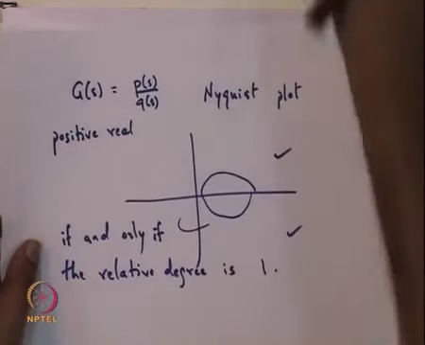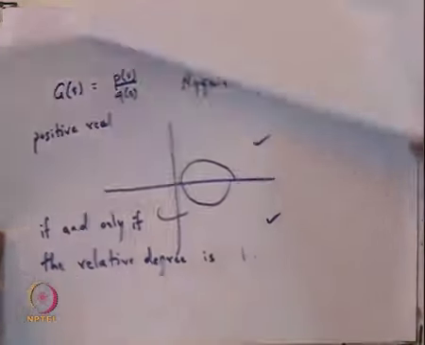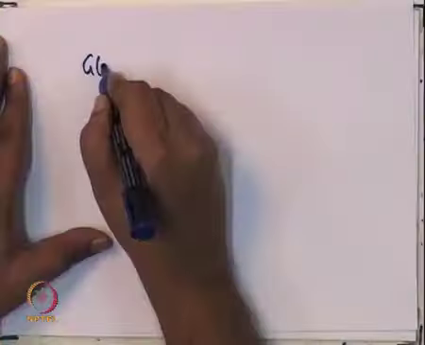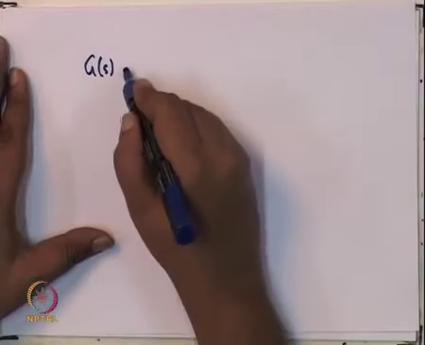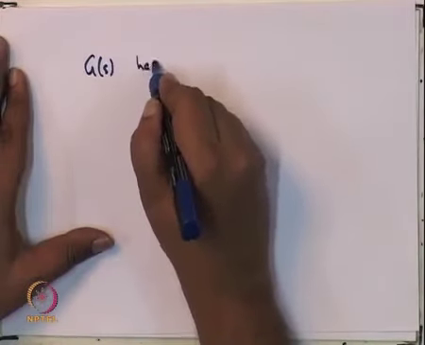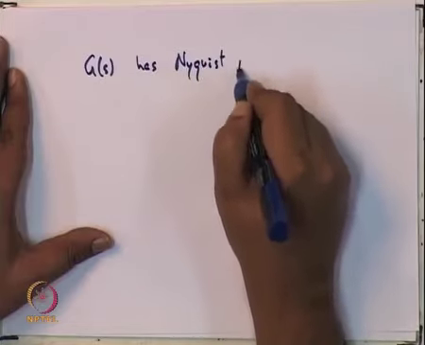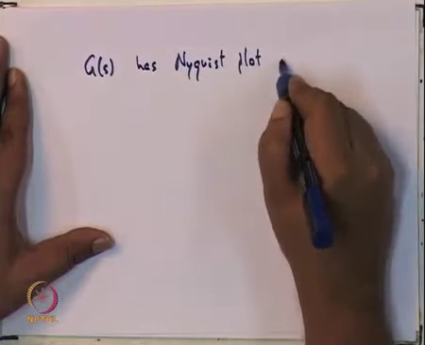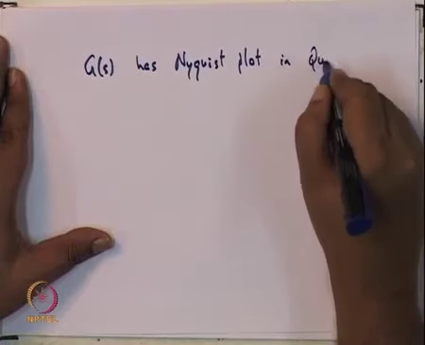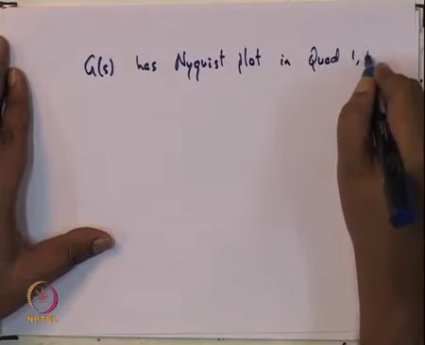Now, even if the relative degree is 1, we are still not guaranteed what we want as far as the positive real lemma is concerned, and the reason for that is several. So, let us just take this definition that G(s) has Nyquist plot in quadrants 1 and 4.